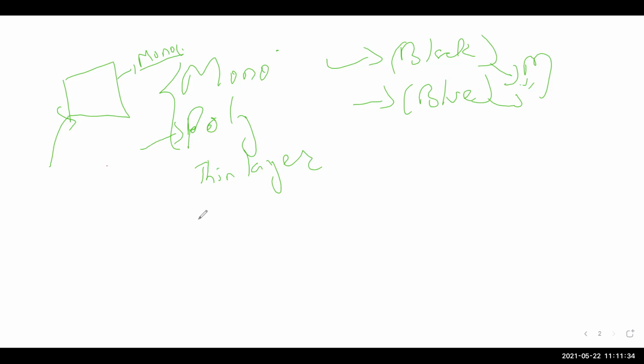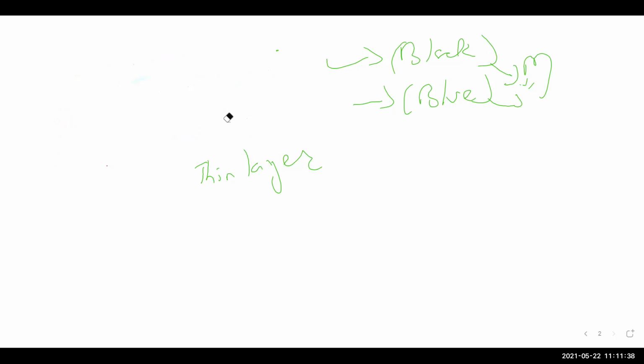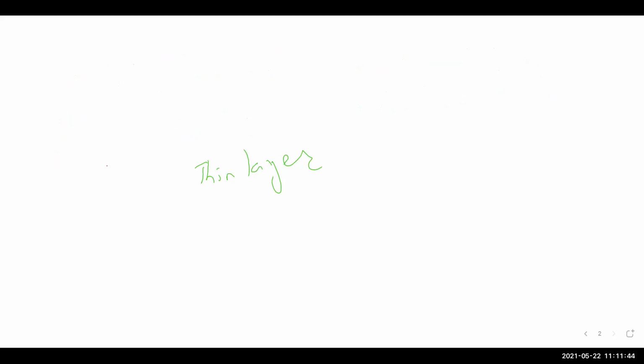Now scientists have come up with the thin layer concept, which is used in electrical vehicles and in space stations. These are thin layer modules. So these are the three types.